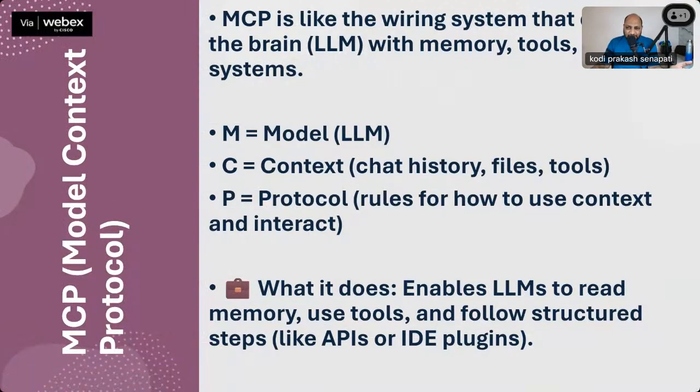What is MCP? MCP is like a wiring system that connects the brain, memory, tools, and other systems. I hope you understand. I want to draw a small diagram, and then we do the practical, and everything will be clear.